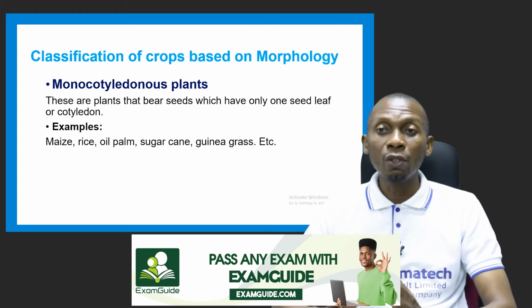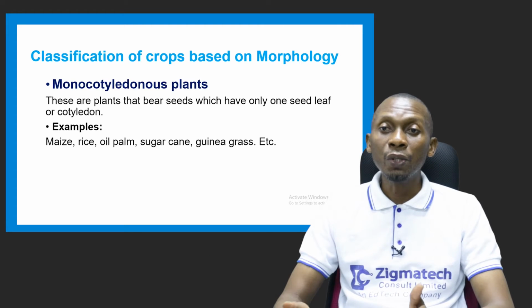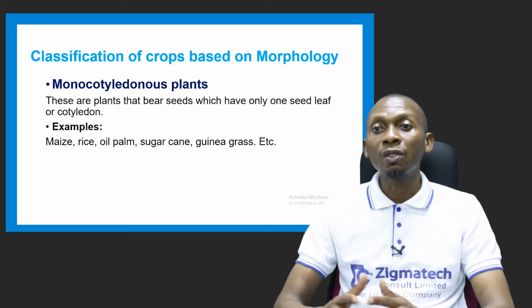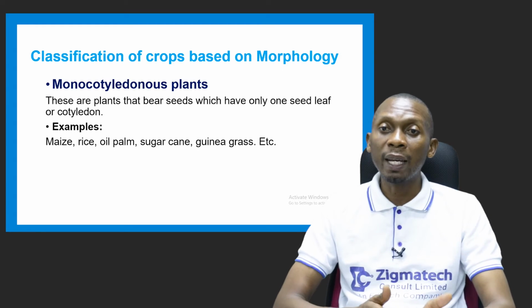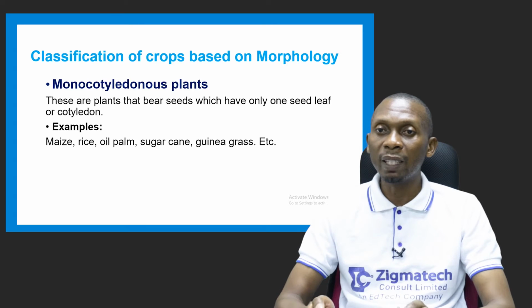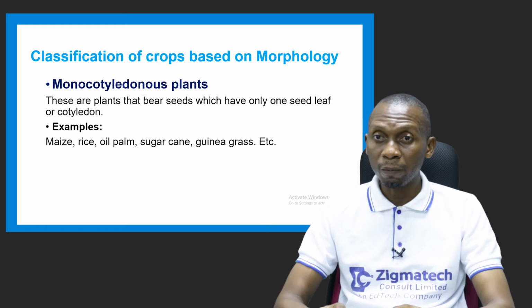Now, I said you can use the seeds, but there are other features that can be used. The leaves can be used, the roots can be used to identify a monocot or distinguish a monocot from a dicot. Using the seeds for the maize plant, remember the maize seed cannot be divided into two, same as rice. It cannot be easily divided into two.